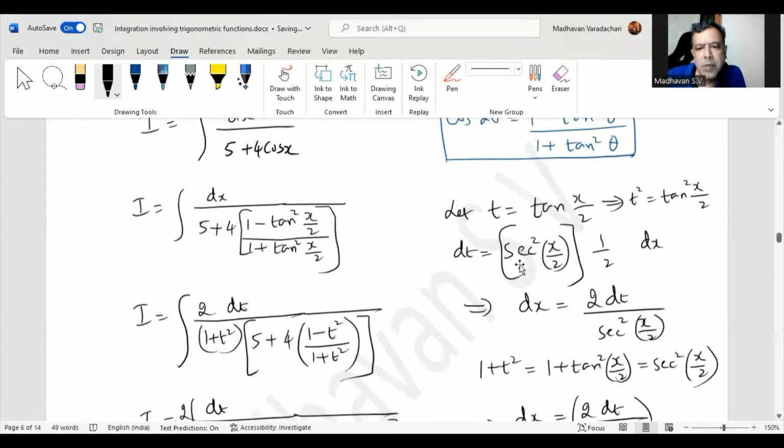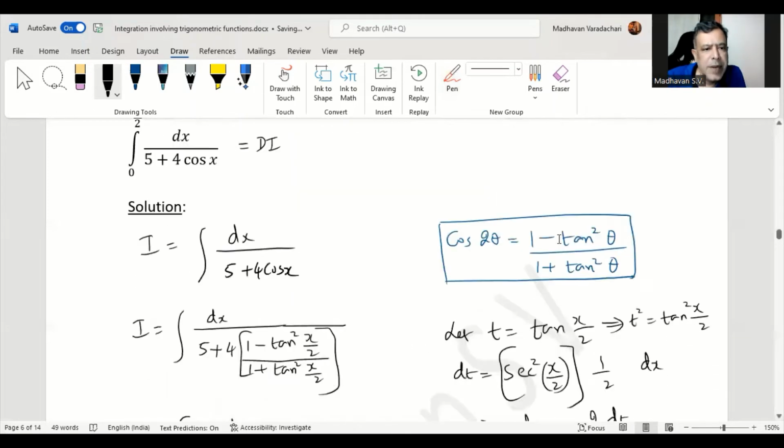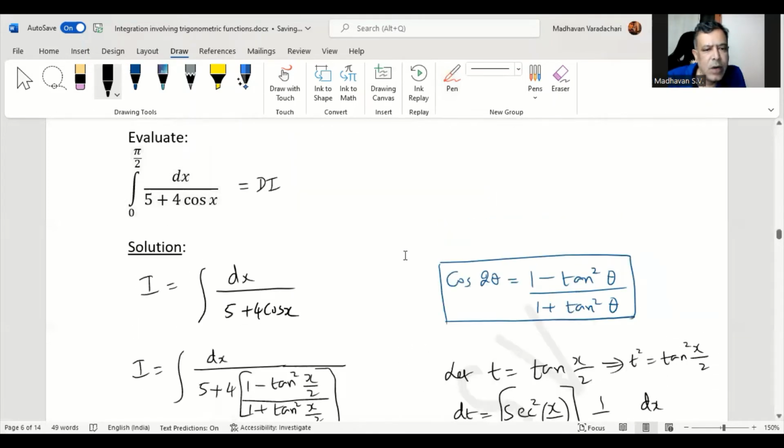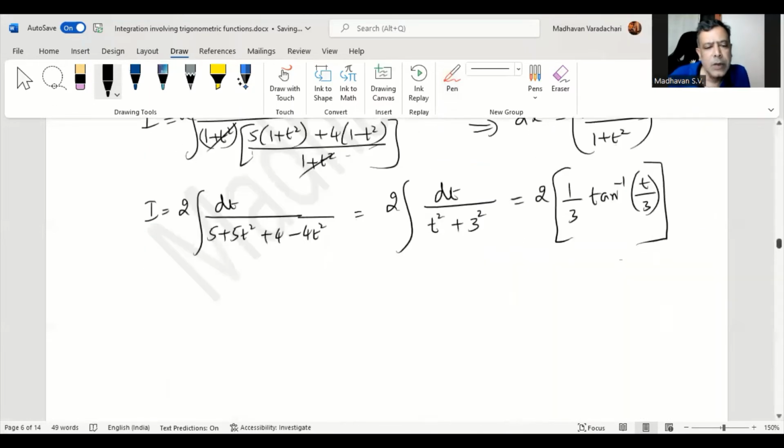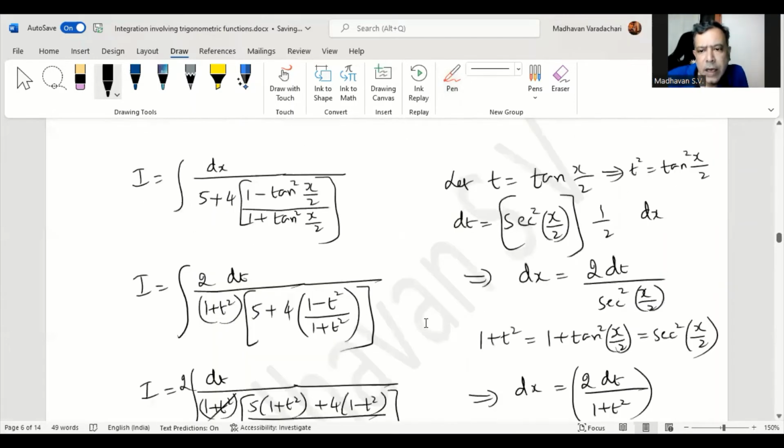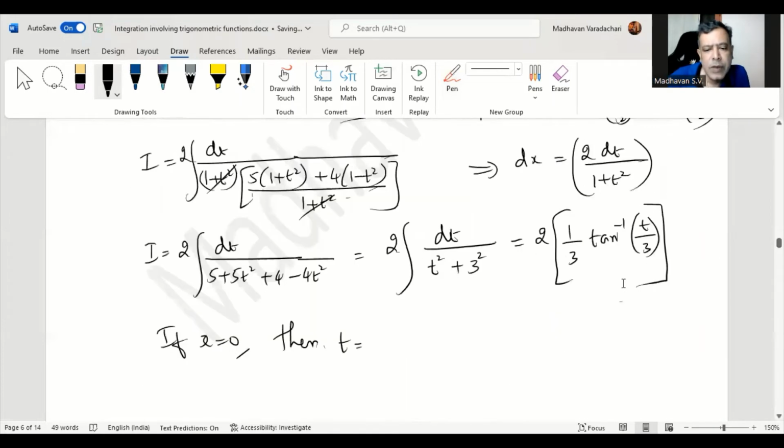Now let us come back to this. The limiting values for x are 0 and pi by 2. So if x equals 0, then what is t? Our t is tan x by 2. So it becomes tan 0 by 2, which is tan 0.